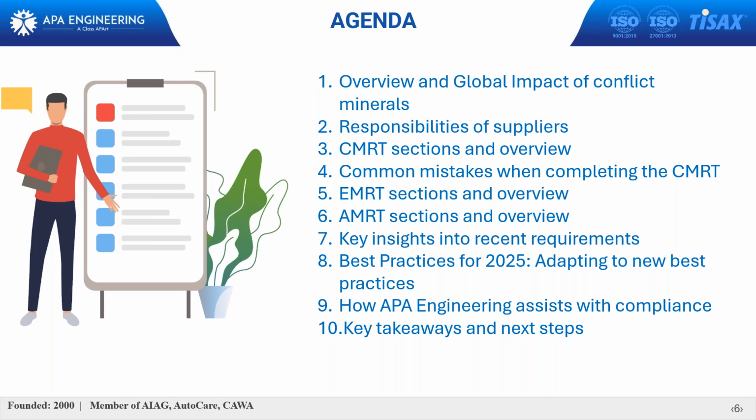Next, we will discuss the roles and responsibilities of suppliers in ensuring compliance, a breakdown of the CMRT template and the reporting process it involves, highlighting common errors made when completing the CMRT and tips to avoid them, an introduction to the AMRT template and how it addresses extended reporting needs, overview of the AMRT template, its purpose and its application, insights into evolving customer demands, including transparency and product level reporting, guidance on adapting to the latest trends and strategies for effective compliance, how APA Engineering can assist with regulatory compliance reporting, and more.